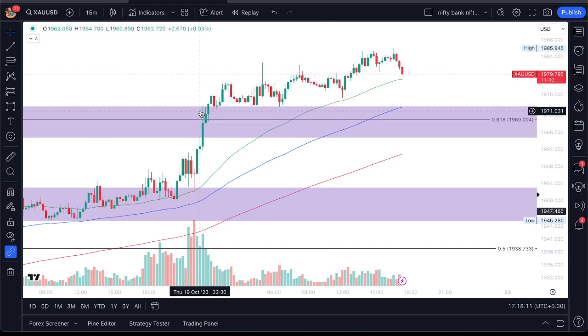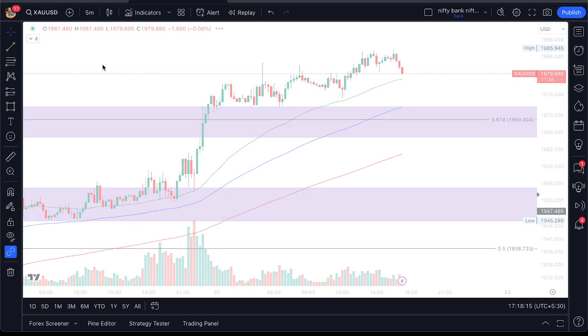So this was our zone of interest from the 5-minute time frame. Let's see.